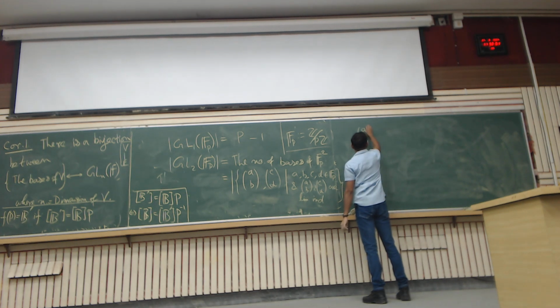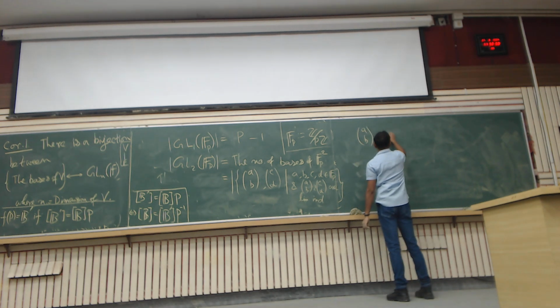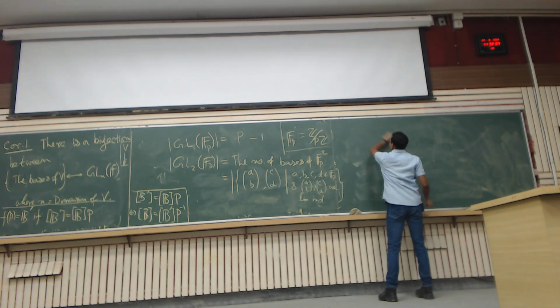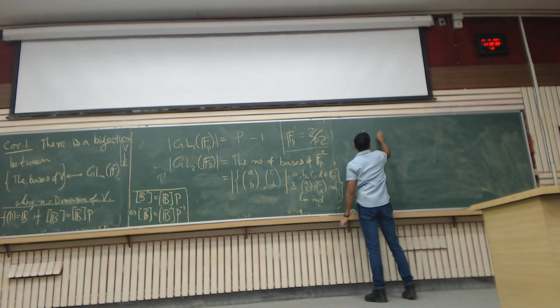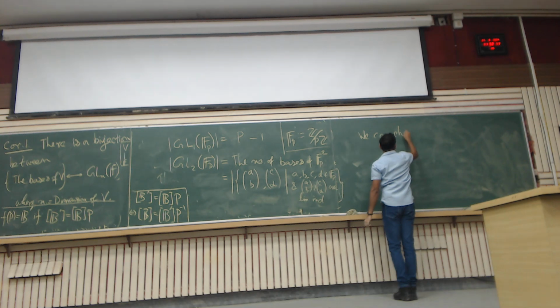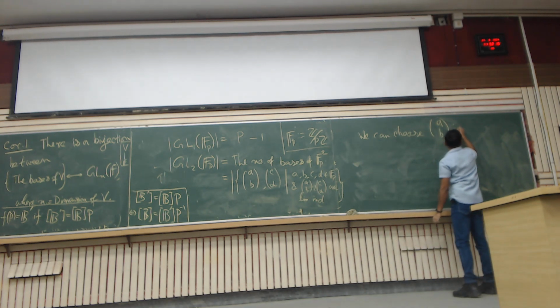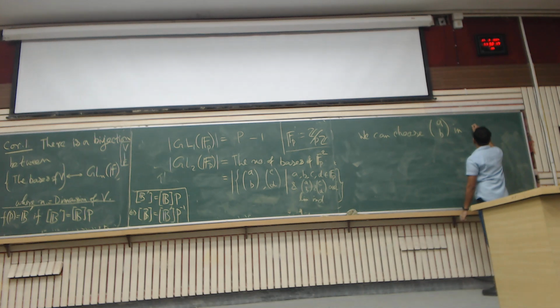AB can be chosen in P square minus 1 ways, giving off zero.